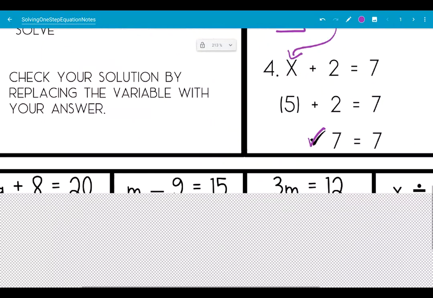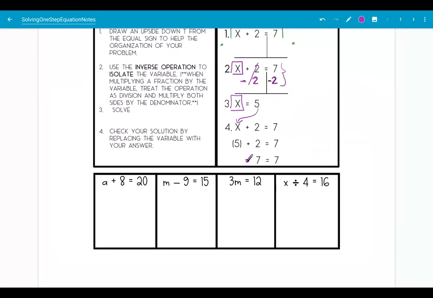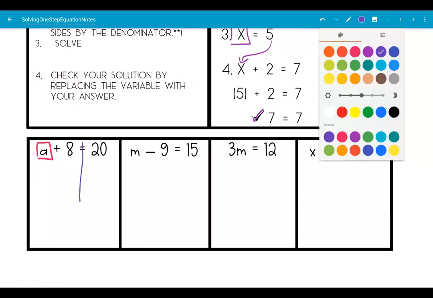So let's take a look at these 4 examples on the bottom. The first one is a plus 8 is equal to 20. Some people like to box up their variable to bring it to their attention. I'm also going to draw this vertical line down the equal sign to remind me to do something on both sides to keep it balanced.